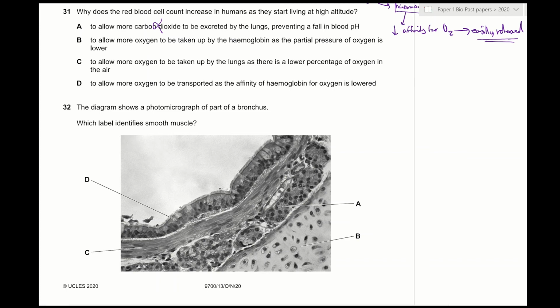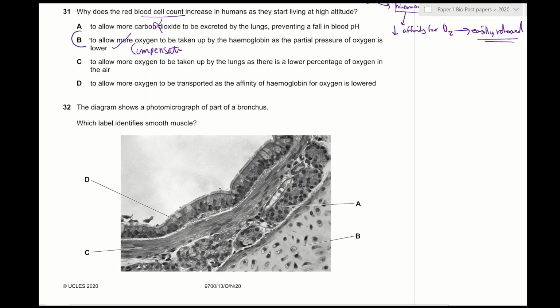B. To allow more oxygen to be taken up by the hemoglobin as the partial pressure of oxygen is lower. This is correct because the number of red blood cells increases to compensate for the lower partial pressure of the oxygen, to transport the exact same amount of oxygen as if it was in normal altitude, not high altitude.